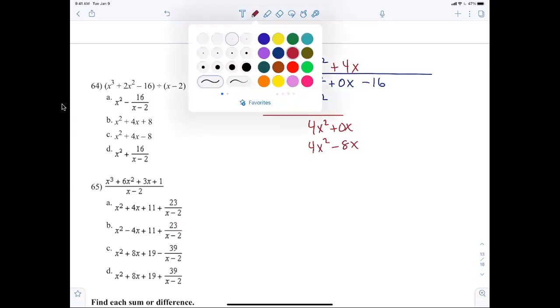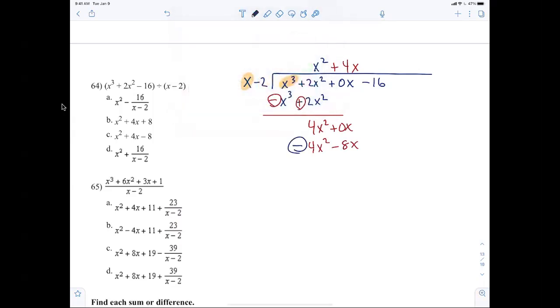You get positive 8x because you change the sign. There's no remainder here, it's just 8x. Again, sometimes you can make a mistake if you don't change the signs.